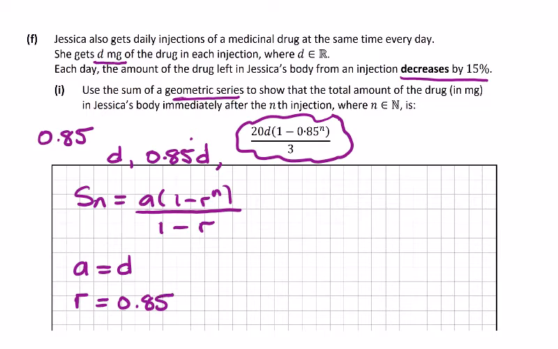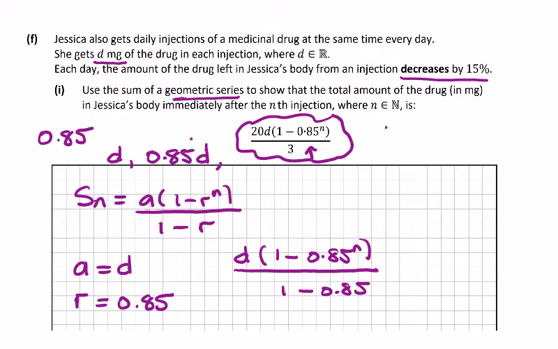So just filling this in, we're going to get D times 1 minus 0.85 to the power of n, which is inside the bracket up here. Good start. Over 1 minus 0.85. And really what you're asked to do here, 0.15 is a decimal. That's equal to 3 over 20. So this is the bottom of the fraction here.